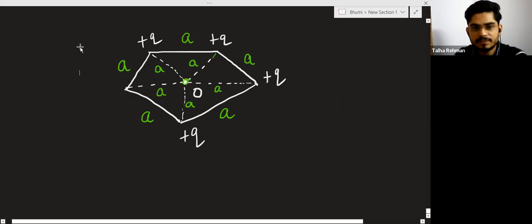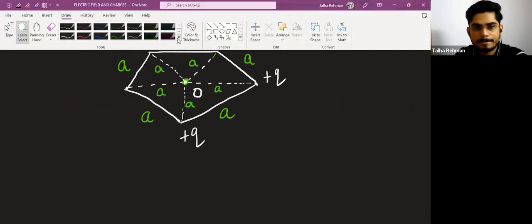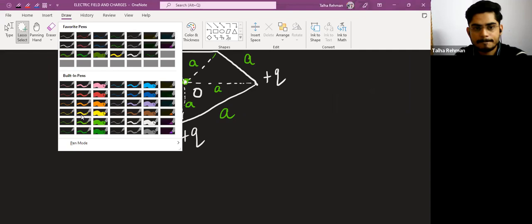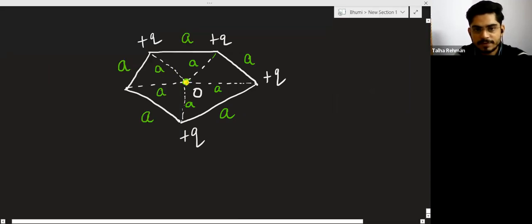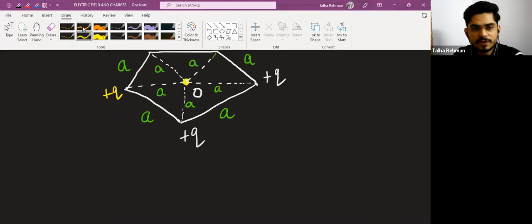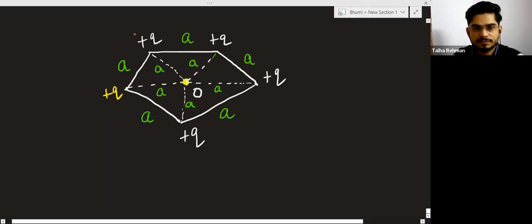This is the same pentagon, but I have increased the size. This is the point where we have to find the electric field. And suppose I have placed a positive charge here, and I am giving names to the sites. This plus Q charge is placed at A. This is at B. This is at C. This is at D. This is at E.